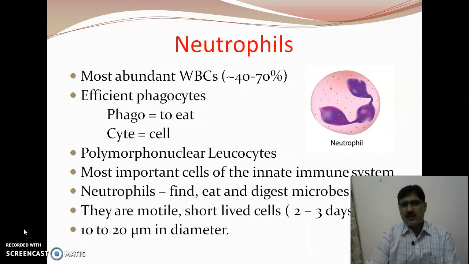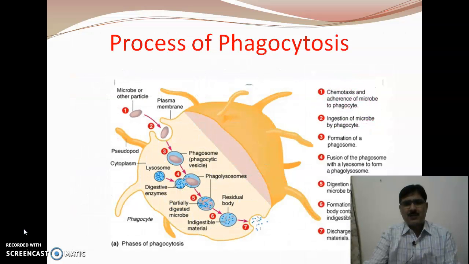Most important cells of the immune system, these neutrophils find, eat and digest the microbes. They are motile, found circulating in the blood, and they are short-lived cells. Their lifespan is only 2 to 3 days, although it takes about 6 to 9 days to develop them. Their size is approximately 10 to 20 micrometer in diameter.